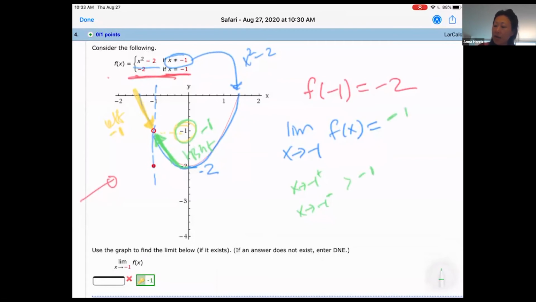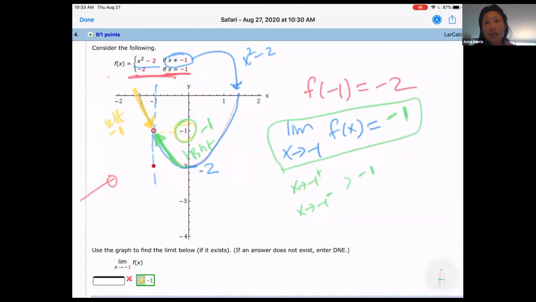So my answer is -1. So I have a limit of -1 as x approaches -1, but the y value is -2, because of this right here.